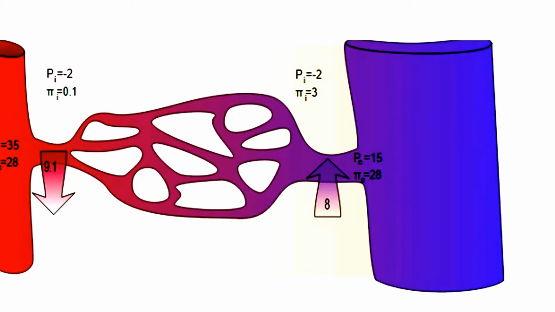So really, when you consider the capillary bed, you need to consider the four forces: the hydrostatic pressure within the vessel and the hydrostatic pressure of the fluid surrounding it, and the oncotic pressure of the proteins within the actual capillary bed, which increases as these proteins become more concentrated as you move towards the venule end or the venous end, and the oncotic pressure of proteins found in the interstitium.